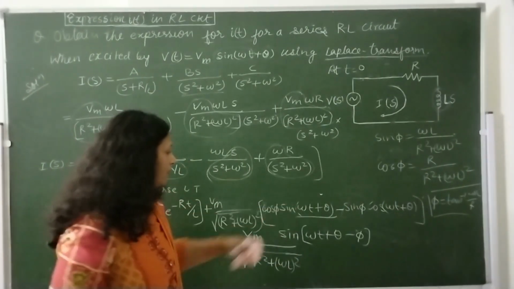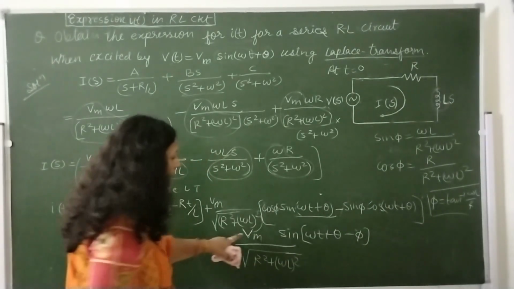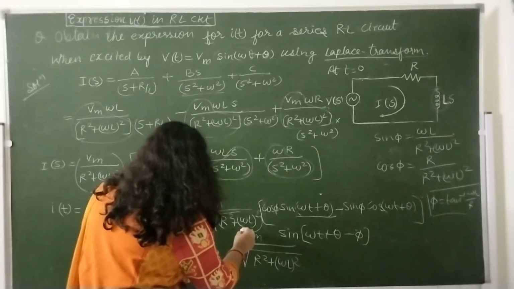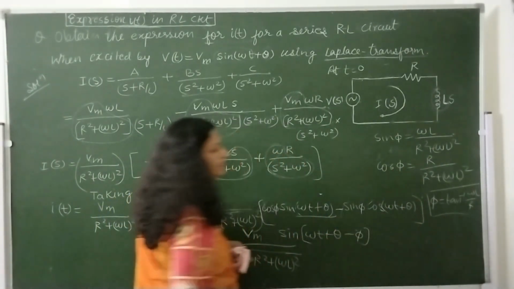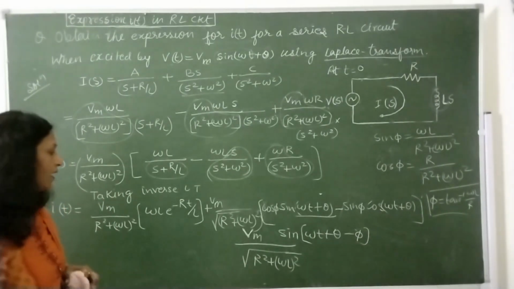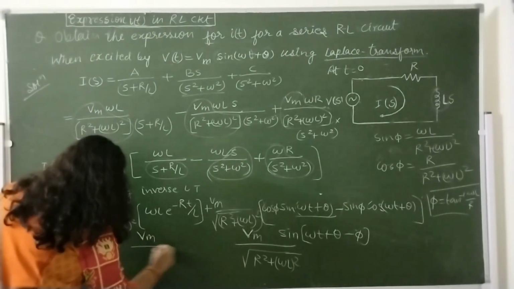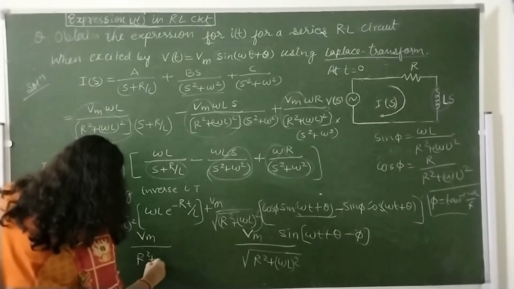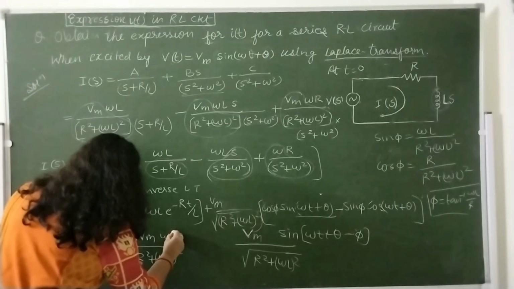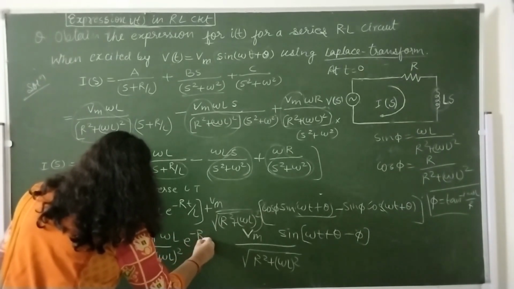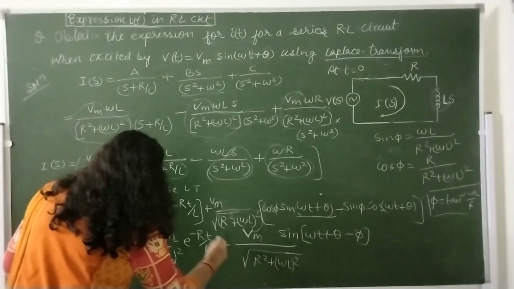So this term will change into this simplified term with angle phi, where phi is tan inverse omega L by R, and the first term is Vm divided by R square plus omega L square into omega L e to the power minus R by L into t, plus this.